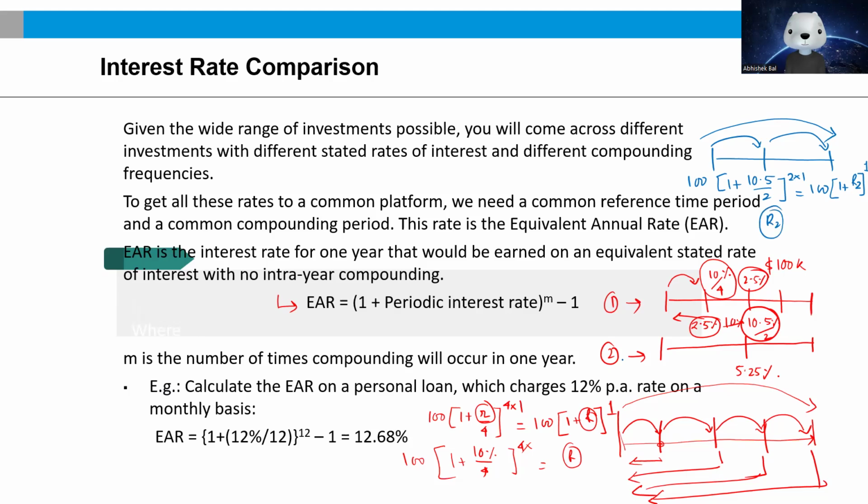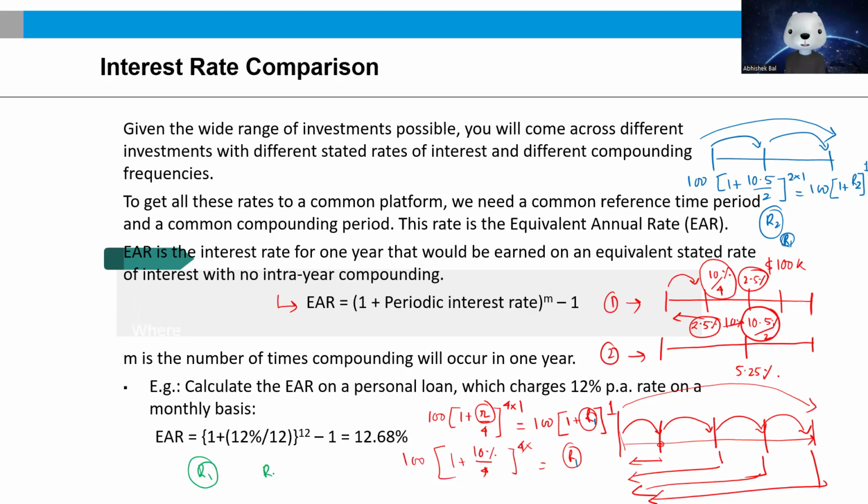Now, since both of these are now equivalently compounded for one full year without any sub periods, that would mean that R1 and R2 are comparable. Now R1 and R2 are definitely comparable, right?